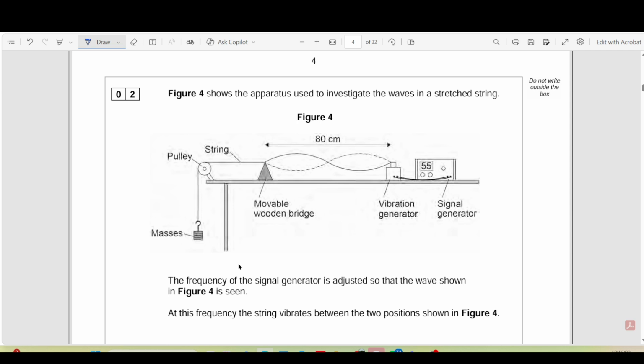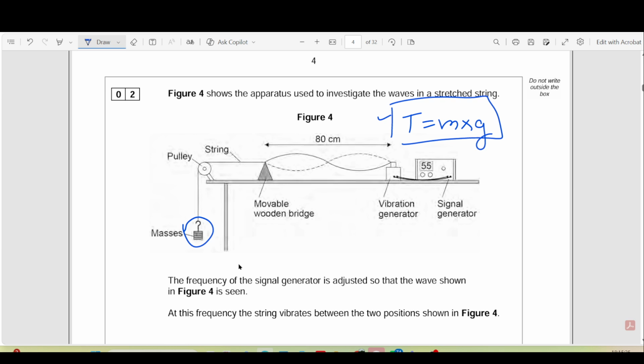To calculate tension he uses m times g, mass times gravity. After putting mass on the string he can calculate tension, and by using different masses he will get different tensions.